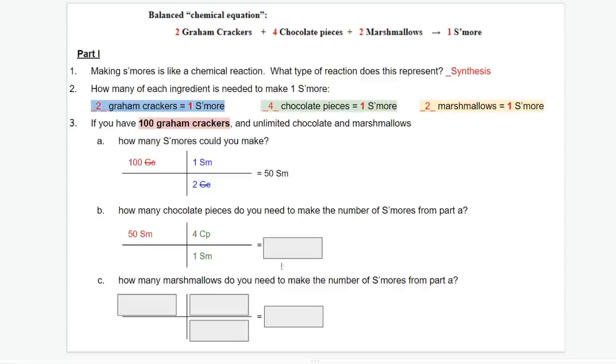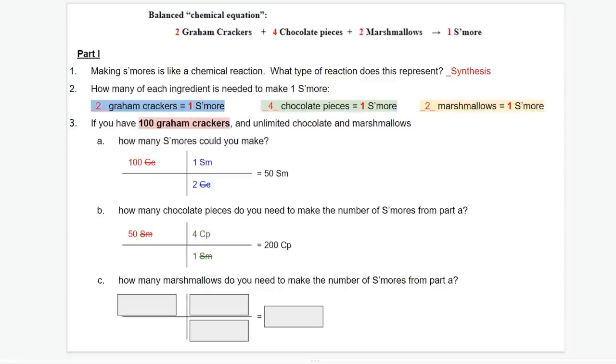And then I'm going to divide by what's on the bottom. So 200 s'more chocolate pieces divided by 1 s'more means my s'more units are going to cancel out. And I will be left with 200 chocolate pieces.